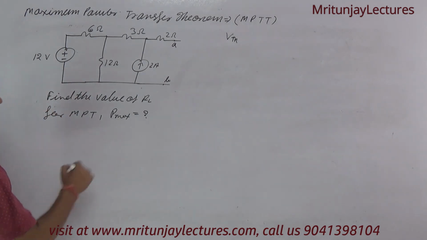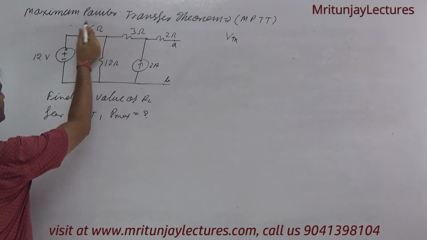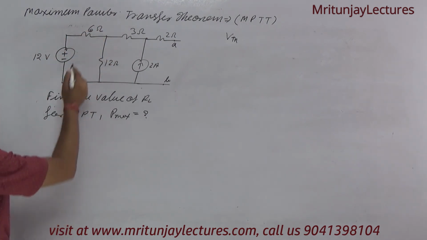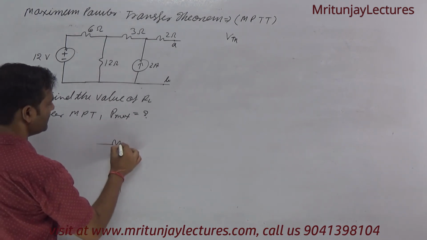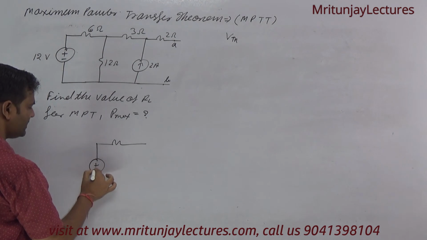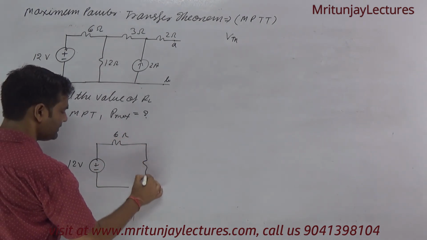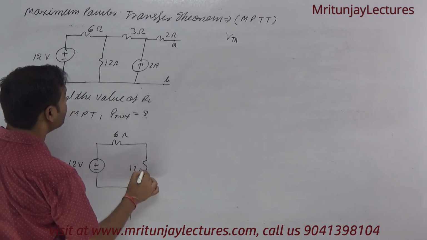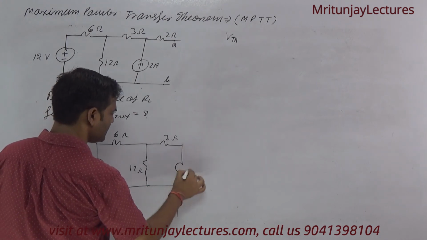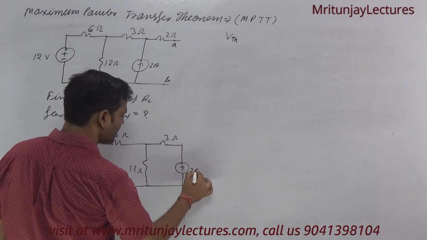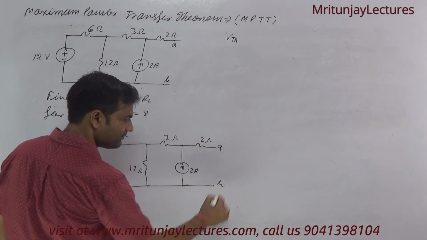You can solve it with the help of source transformation, or with nodal analysis, whichever you like. The circuit has 12 volt, 6 ohm, 12 ohm, 3 ohm, a 2 ampere source, and 2 ohm, with terminals A and B.